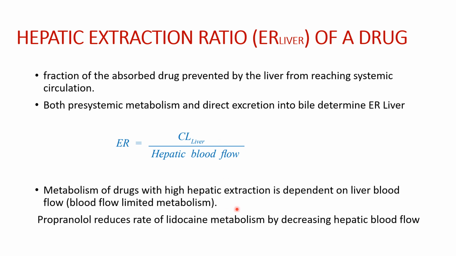So this is an example of a drug with high intrinsic metabolism or high extraction ratio, where the metabolism is affected by hepatic blood flow. Whenever something happens which decreases the hepatic blood flow, the metabolism will get affected. Thank you.